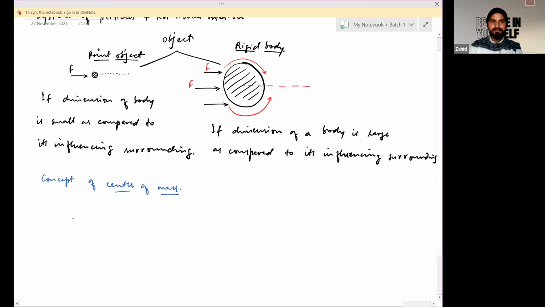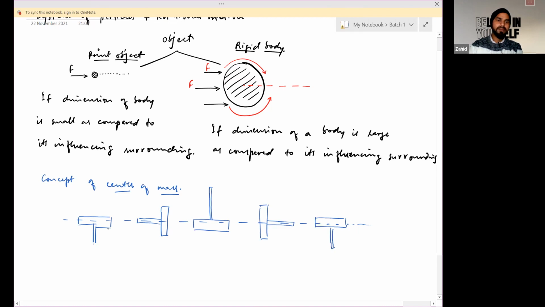Suppose you have a hammer and you throw it in air, neglecting the effect of gravity. It will move like this.